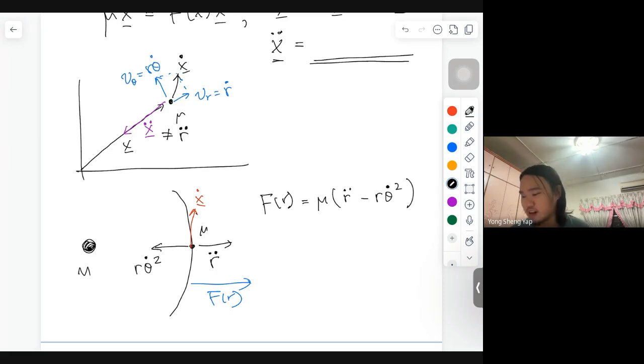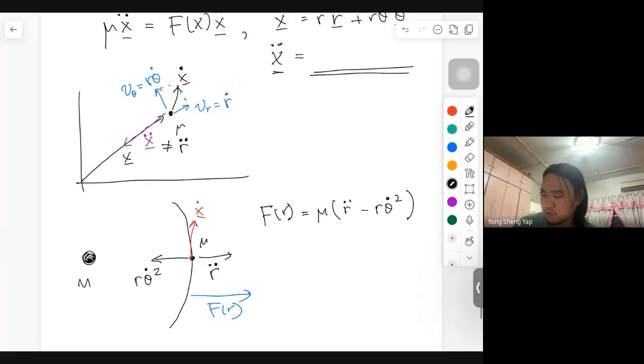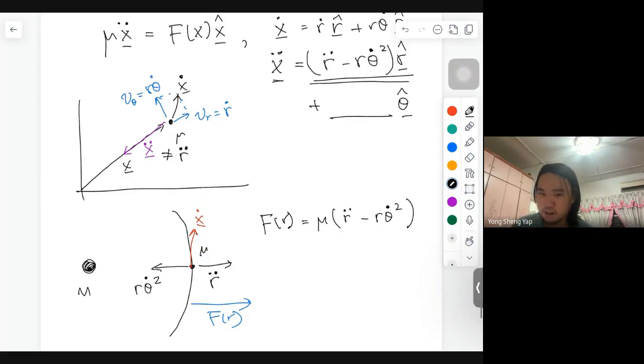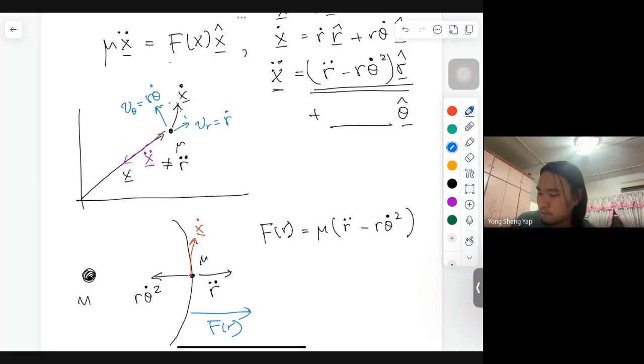Okay, so basically this thing over here, we know that it's going to be r double dot minus r theta dot squared in the r direction, plus something in the theta direction that is 0 because our force here only points towards the center, which is r.